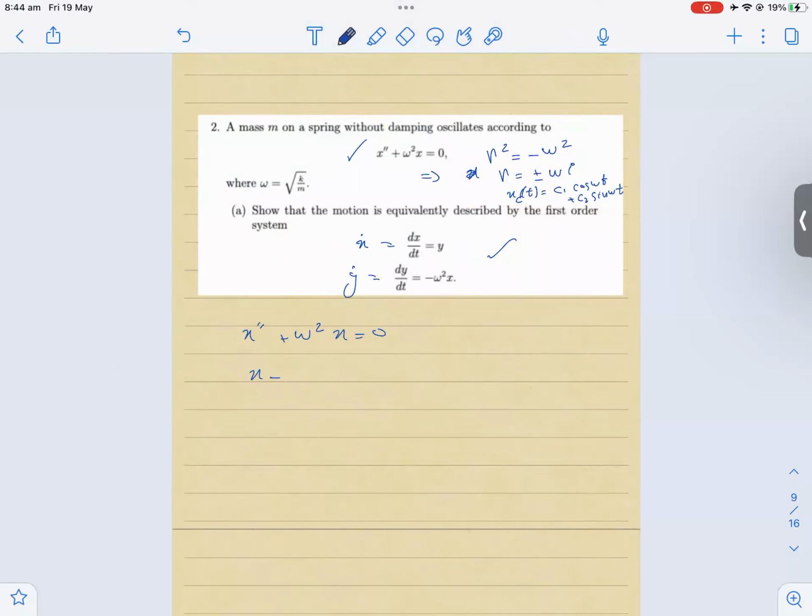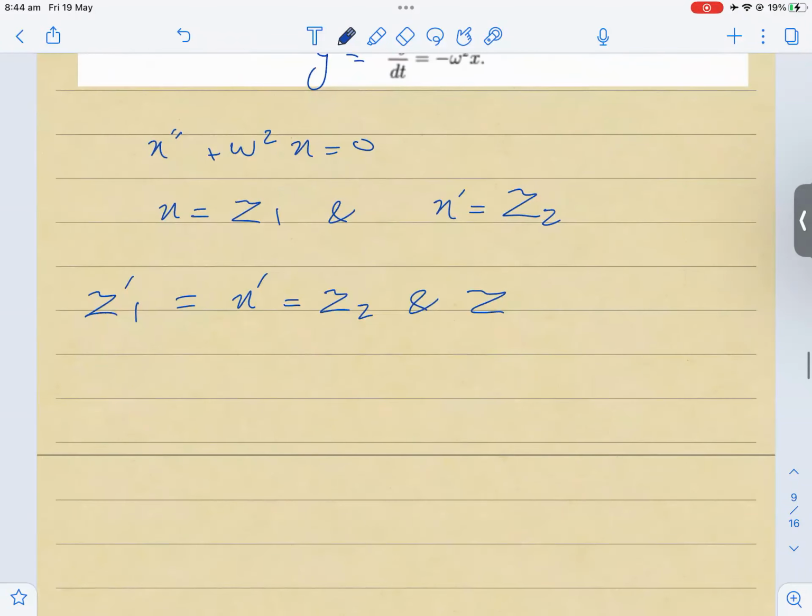Let's say x is z1, my favorite notation, and x prime is z2. From here, z1 prime is x prime, which is equal to z2, and z2 prime is equal to x double dash.